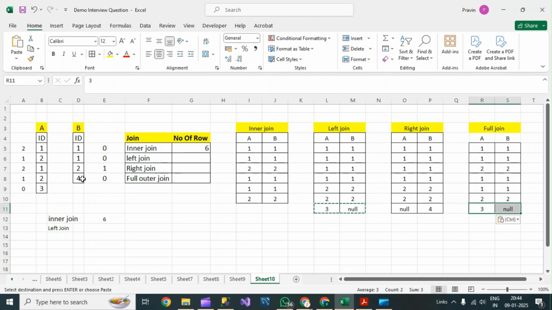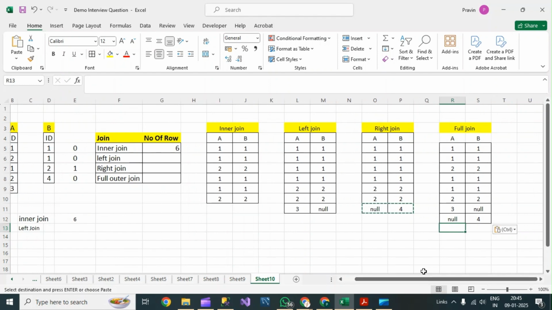And then 4, which is available in the B side table but not in the A side table, will also be repeated. We take the 4 also for the full join. So as per the definition, all the elements from the inner join output and the remaining ones, all the data will be taken. So basically this is the full join.